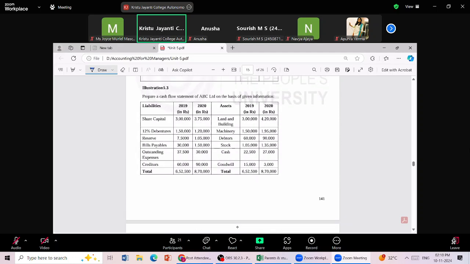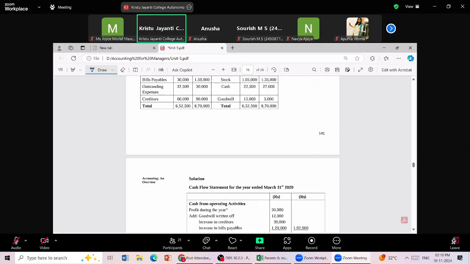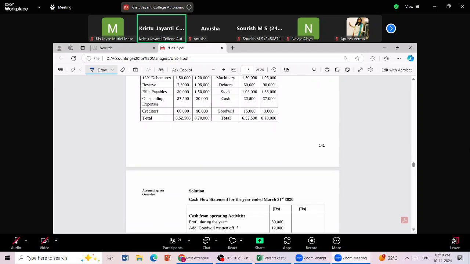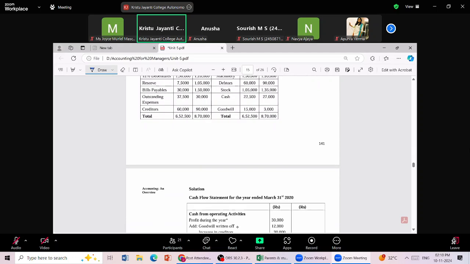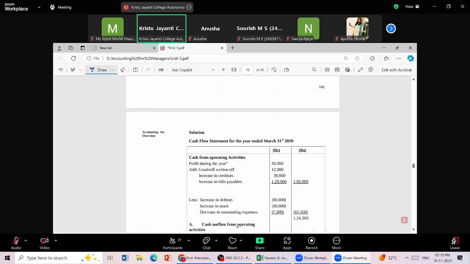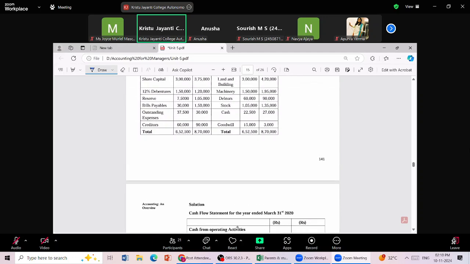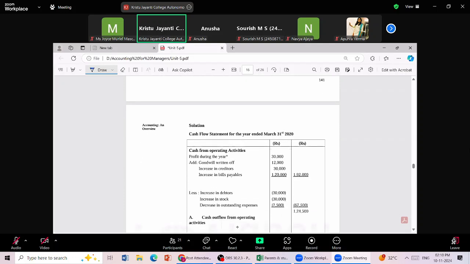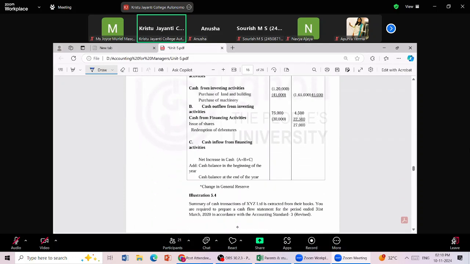Is any adjustment given? You can see the profit during the year, there is a P&L given. So reserve 75,000 and 1,05,000, the difference you are taking as the profit for the year. I think there is an adjustment for change in the reserve.